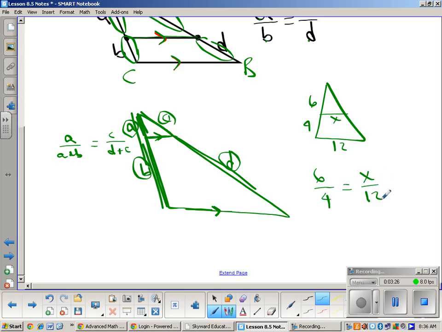The problem is, in this fraction, x and 12 are whole sides of triangles, aren't they? X is that whole side of that small triangle, and 12 is the whole side of this big triangle. Okay? And 6 to 4, 6 is the whole side of the little triangle. 4 is just part of the big triangle.